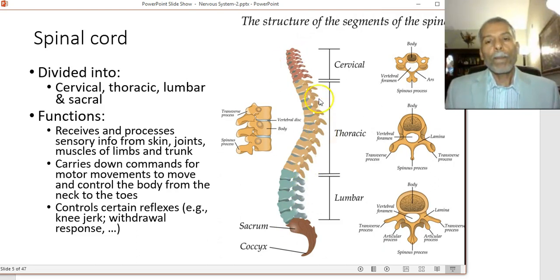Because we have here, see these, the vertebrae that are inside of your neck. These are the cervical vertebrae, 7 of them. The piece of the spinal cord that goes through the cervical vertebrae is called the cervical segment of the spinal cord.